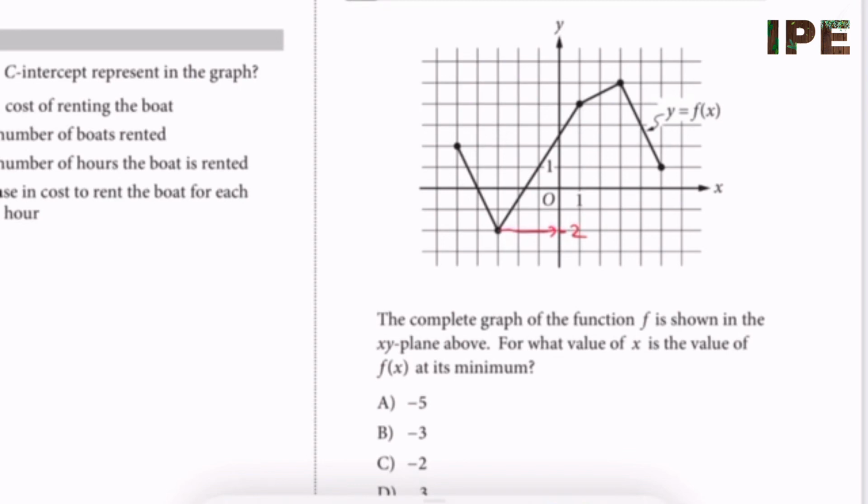So the question is, for what value of x is the value of f(x) at its minimum? So we're going to find the x value at the minimum point. So at x equals negative 3, it has a minimum. So B, negative 3 is the answer. It's an easy question, right?